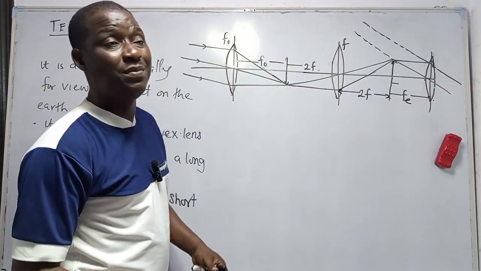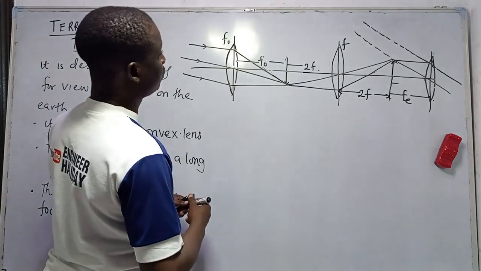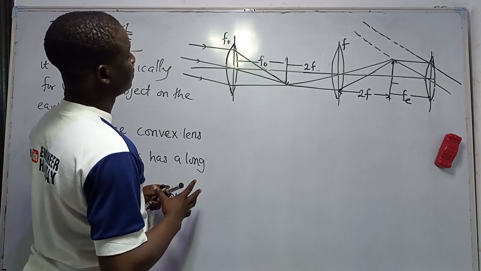So when you send the image to infinity, you have something like this.